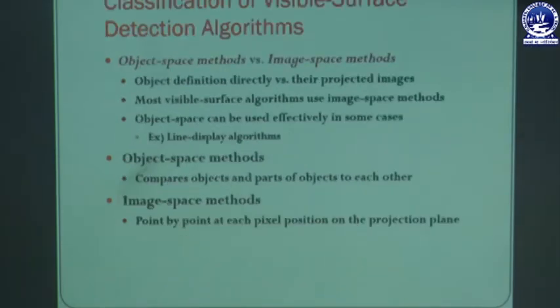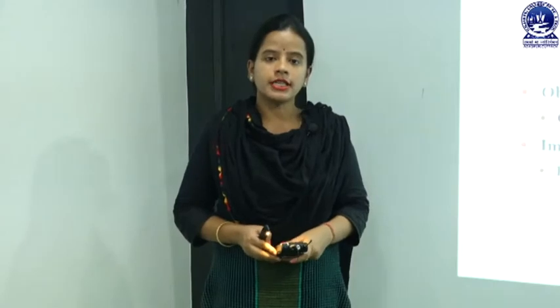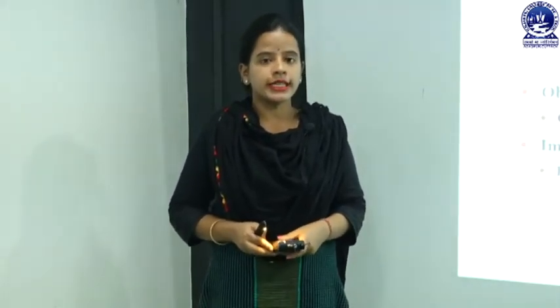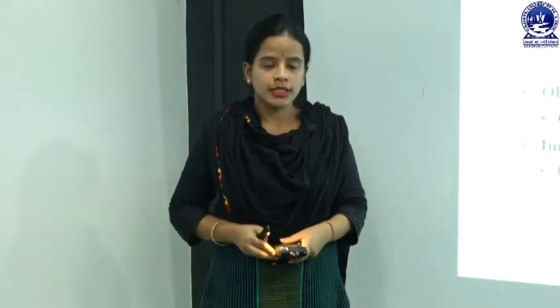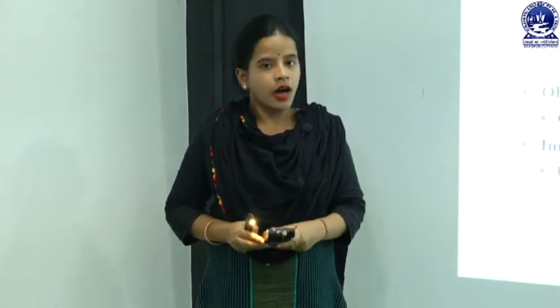Okay, so now we go to our next concept, the classification of visible surface detection algorithms. That means in surface detection methods, when viewers view or access the visible surface object elements, different types of algorithms are used through which the computer detects the visible portions and eliminates the invisible portions of the given 3D object.